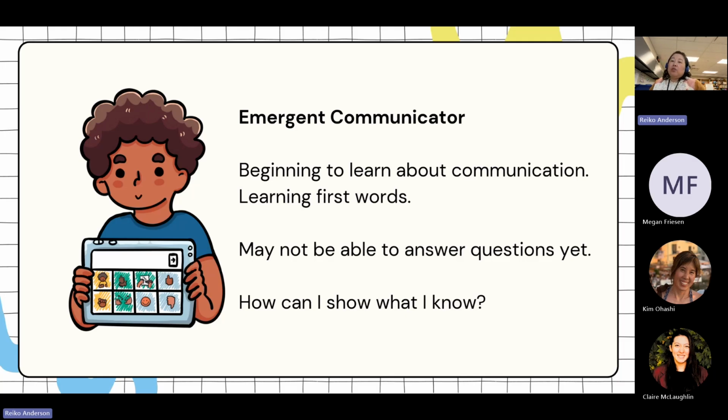He's communicating using things like gestures and facial expressions and vocalizations, but he doesn't have a big vocabulary yet. I don't think that he's able to answer questions, right? So if I said, tell me about this, that's not in his skill set yet. And I think one big question is, how can I show what I know for this little guy?